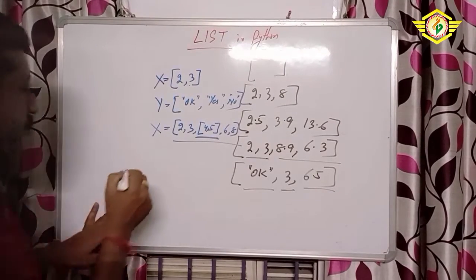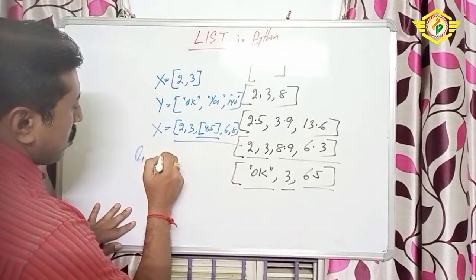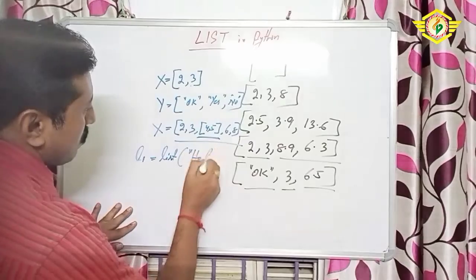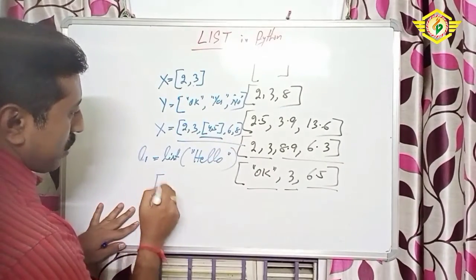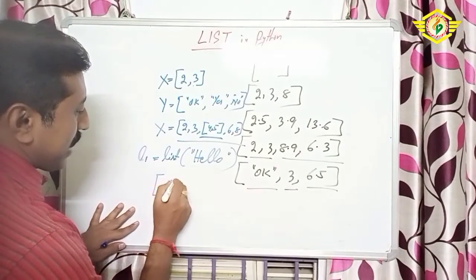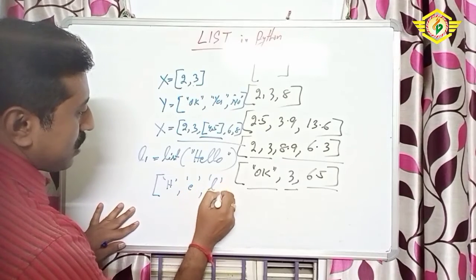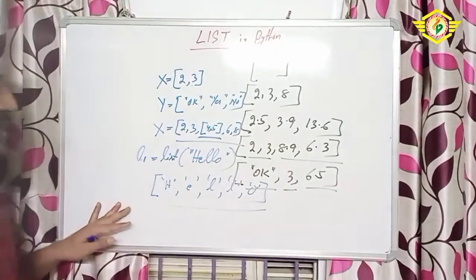One more example I am giving you. Suppose I write L1 equal to list, and within brackets I write hello. The output will be within square brackets. That means this will be converted to list format: H, E, L, L, O. So it will be in a list format.